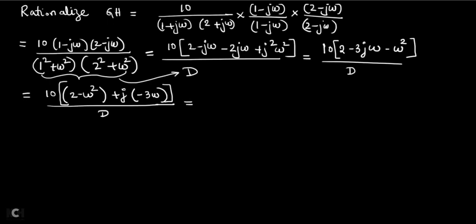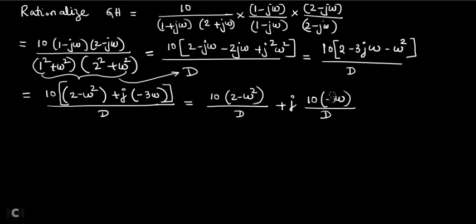Now you write the separate terms: 10 into 2 minus omega square divided by D. I can split the terms and write like this, plus j into 10 into minus 3 omega divided by D. Can I write like this? Yes. What I have done is just separate the real term.